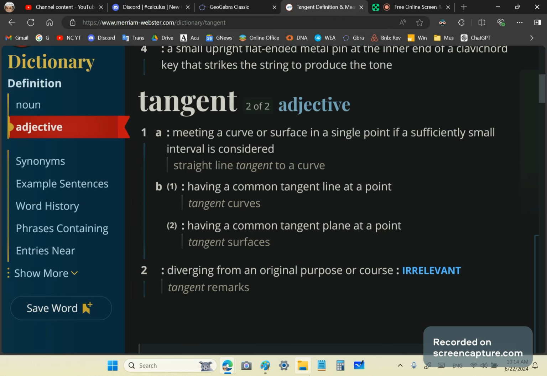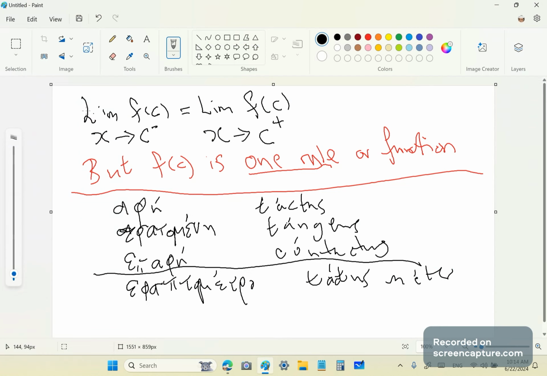They decided they were going to redefine tangent line as follows: taking the limit of a function from the left, and if it's equal to the limit of the function from the right, then a tangent line is there. But in this case here, there is only one function. And the issue here is that the limiting value is not defined at the point of tangency.